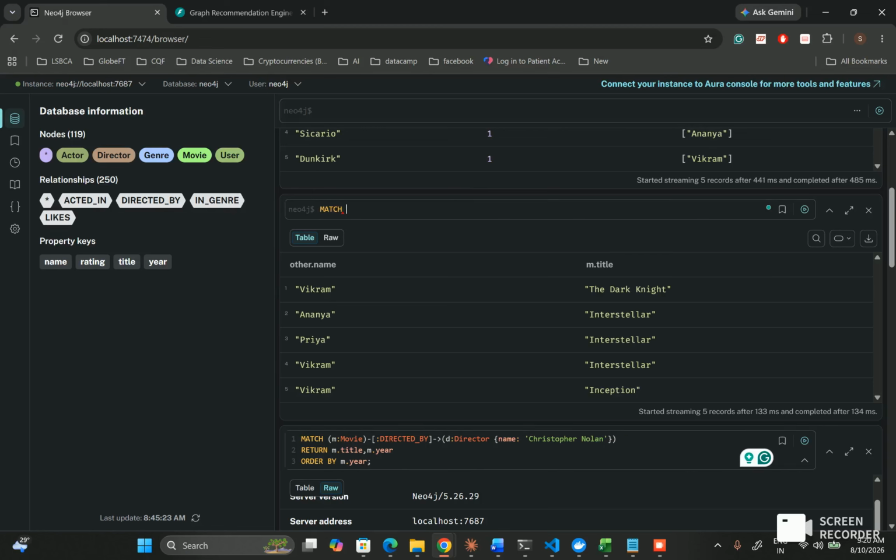Suppose MATCH (u:User {name: 'Arav'})-[:LIKES]->(m:Movie)<-[:LIKES]-(other:User).